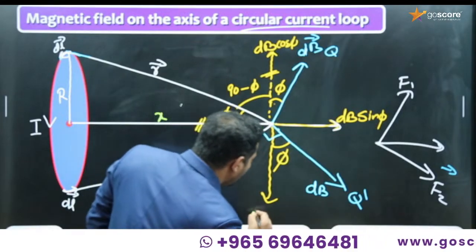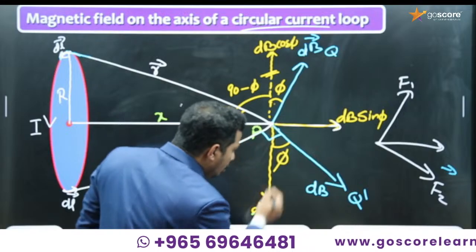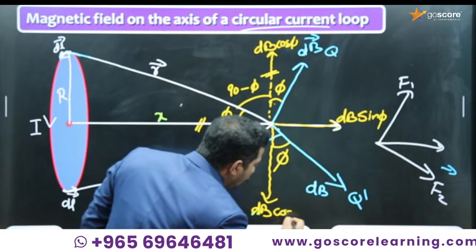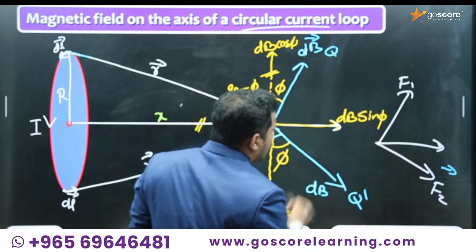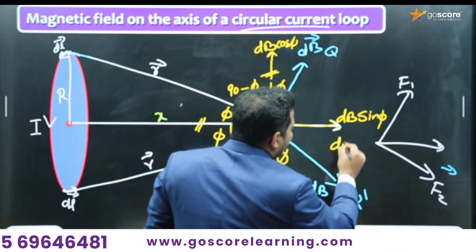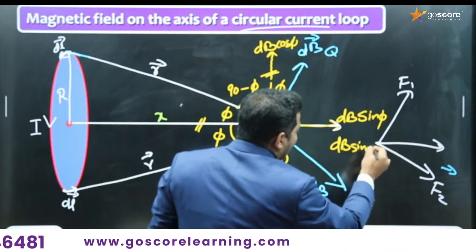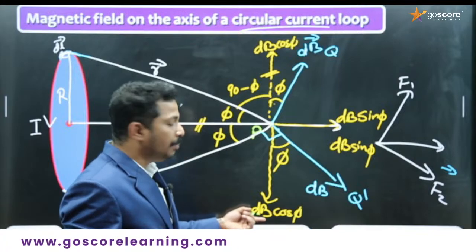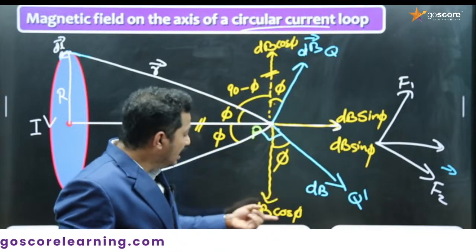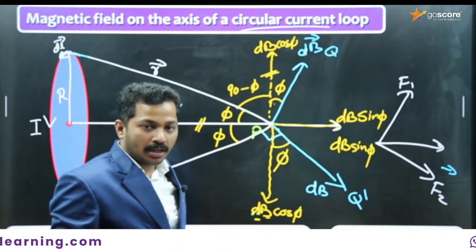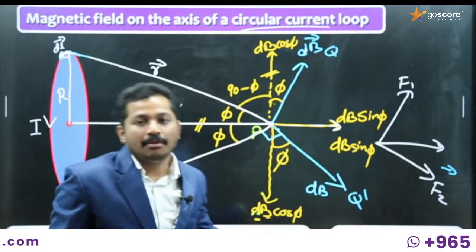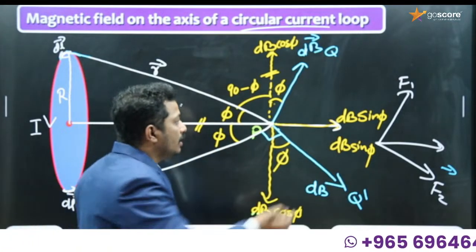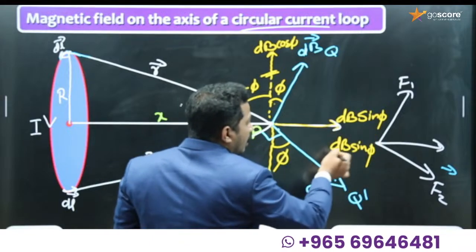Same here: dB cos phi, and this will again be dB sin phi. Since the magnitudes of dB are equal, dB cos phi and dB cos phi are equal and opposite, and they will cancel each other. So the only remaining things are dB sin phi and dB sin phi.